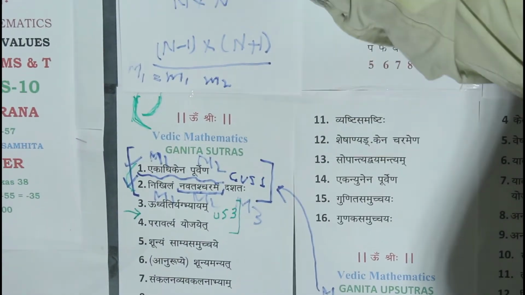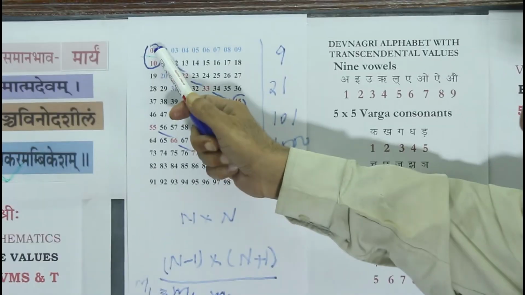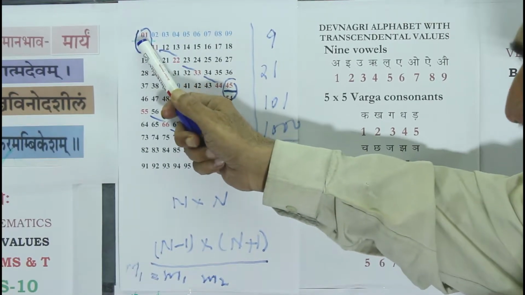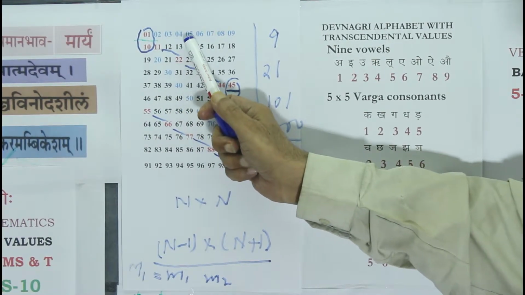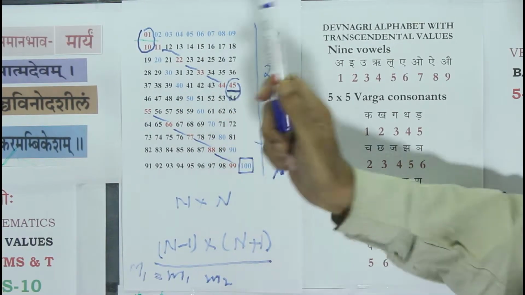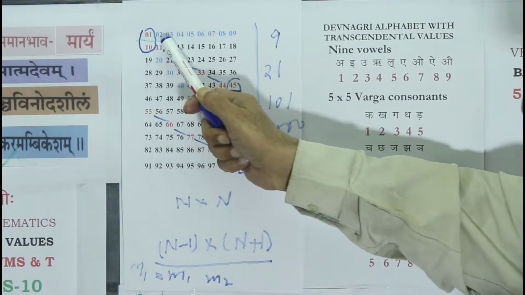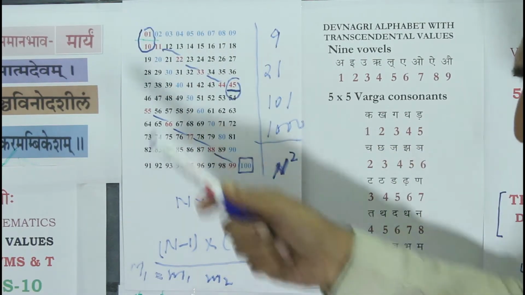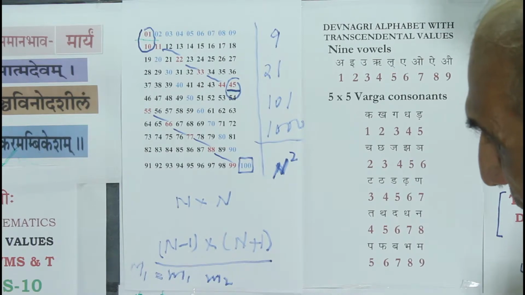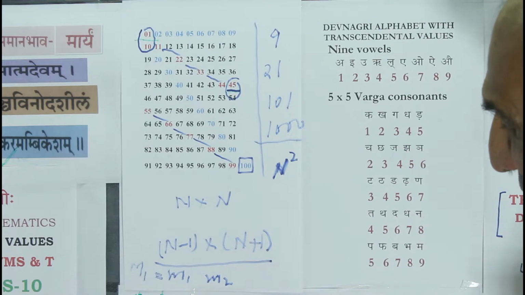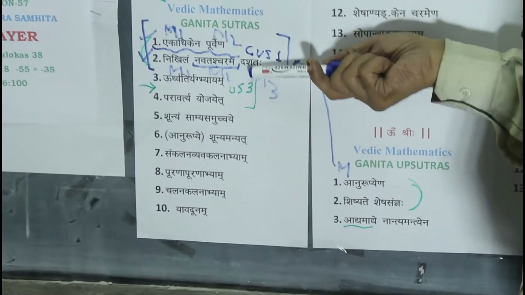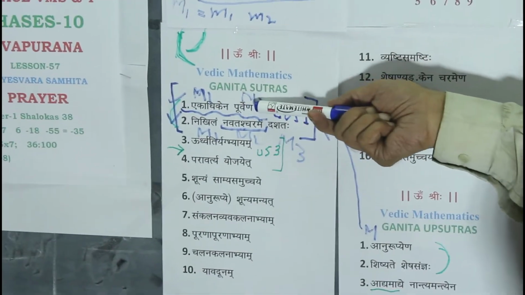However, these 1 to 9 as double digit numbers will be 01, 02, 03, 04, 05, 06, 07, 08, and 09. Now these are double digit numbers. So transition and transformation for the single digit numbers will transform the mathematics of Ekadhikena Purvena.